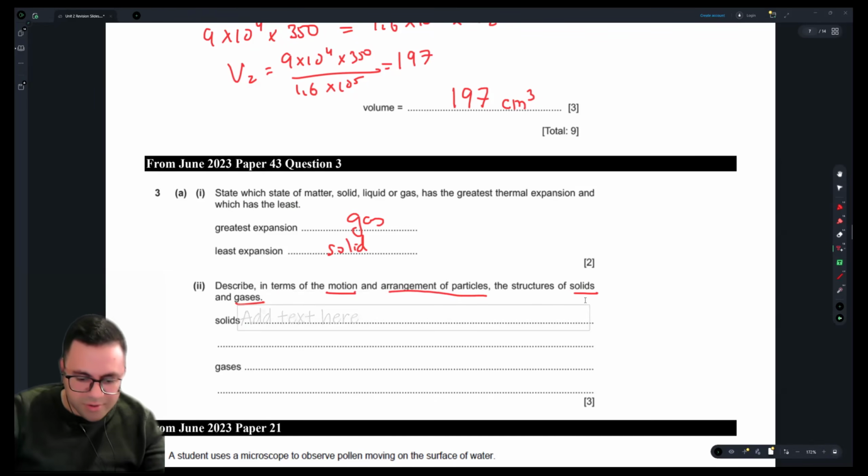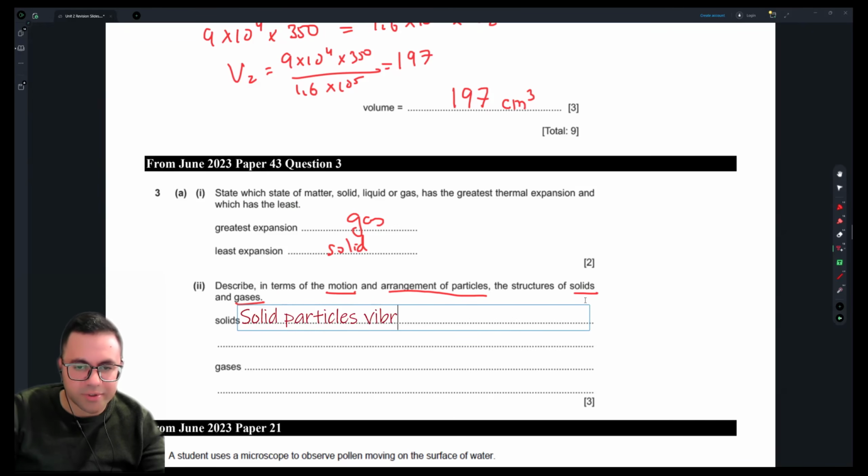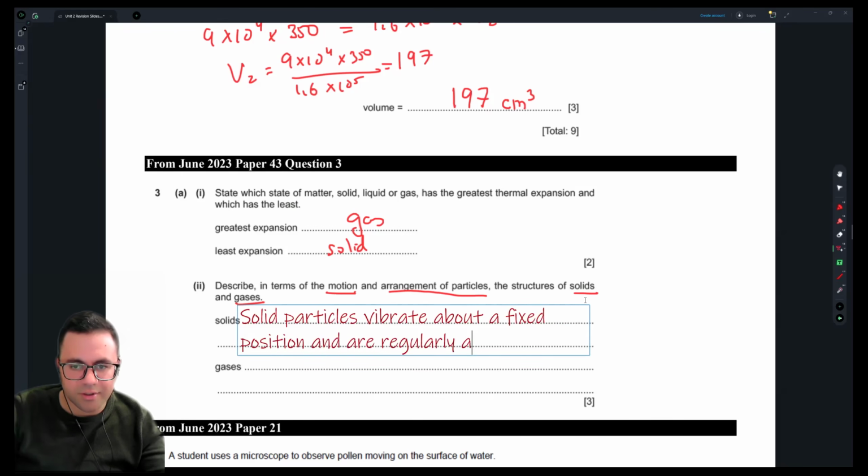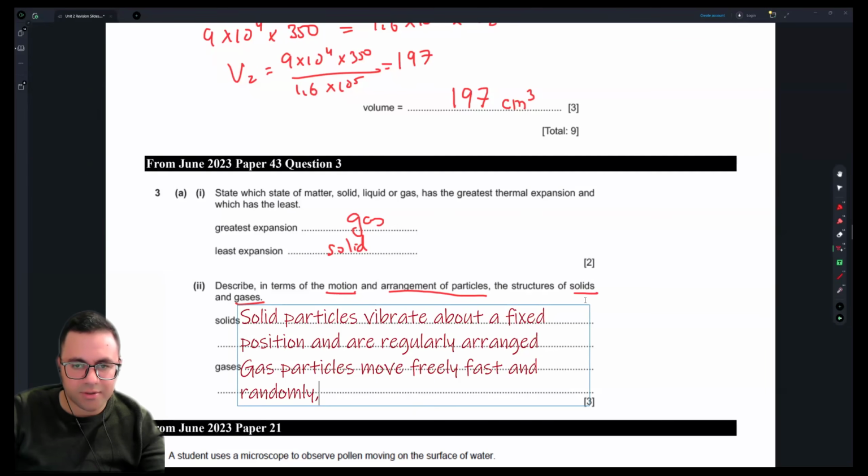So the solid particles vibrate about fixed positions and are regularly arranged. Gas particles move freely, fast, and randomly with no arrangement.